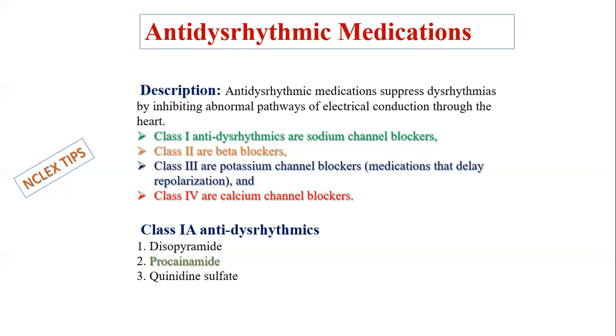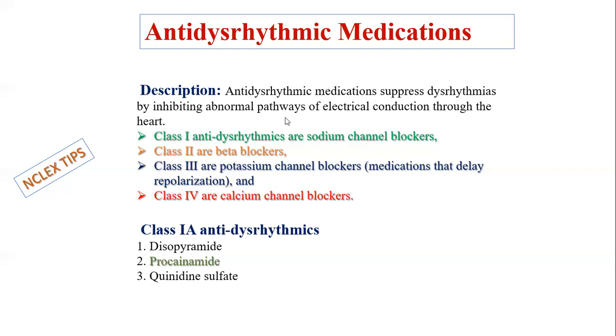Antiarrhythmic drugs we categorize into 4 groups. Class 1 antiarrhythmics are called sodium channel blockers because these drugs work on the sodium channel and block it, like procainamide. Class 2 are called beta blockers. The most commonly used is propranolol.